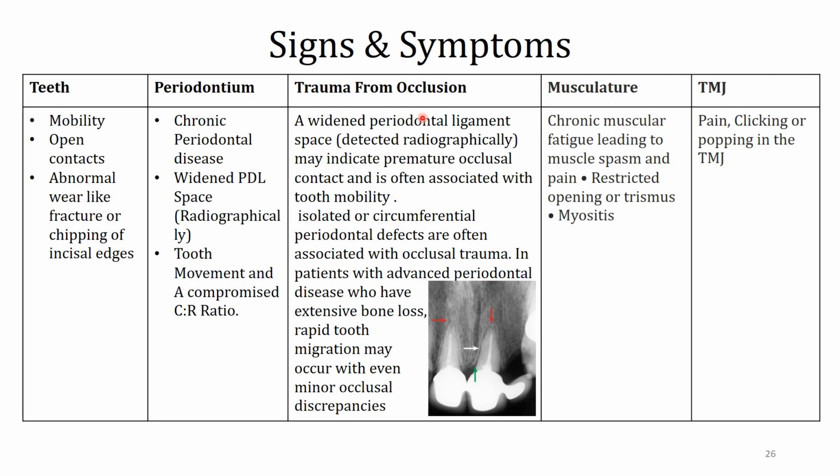It leads to mobility, and it is tender on percussion. You can see that there is widening of the PDL here. In the musculature, there can be chronic fatigue, spasm, pain, restricted movement, trismus, and myositis. In the TMJ, there can be pain, clicking, popping.